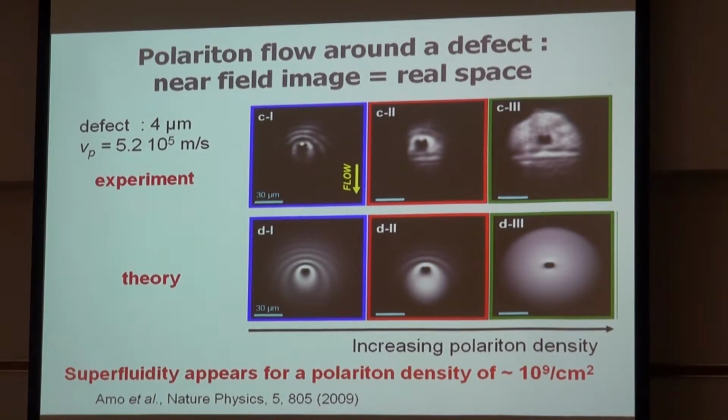It's 2D, and the circular waves are scattered by the defect. And here, when one gets to some threshold, you see that the fringes disappear, as predicted by the theory, and the polariton fluid doesn't see the defect anymore.